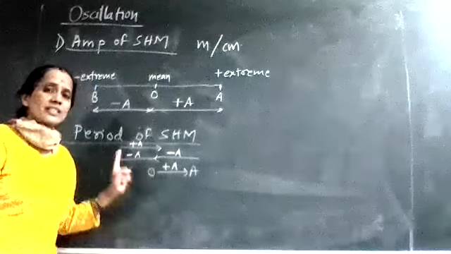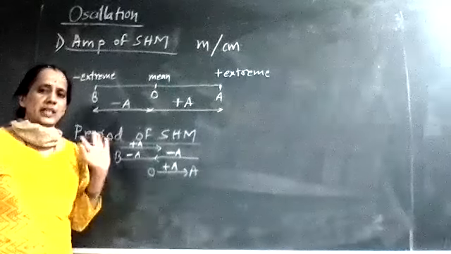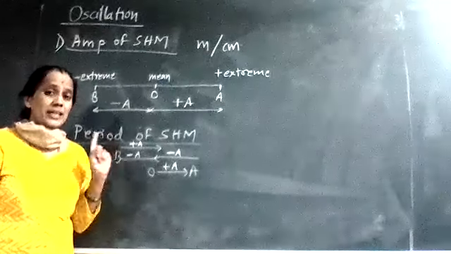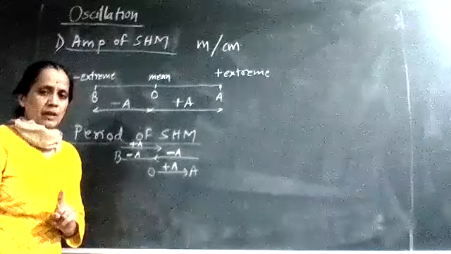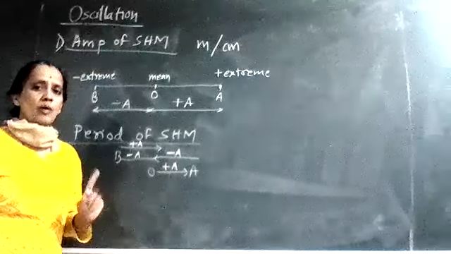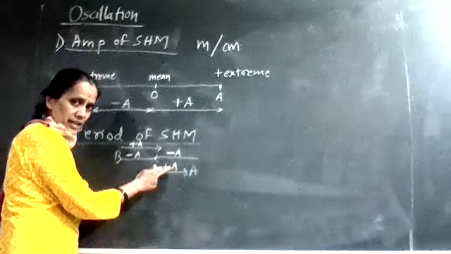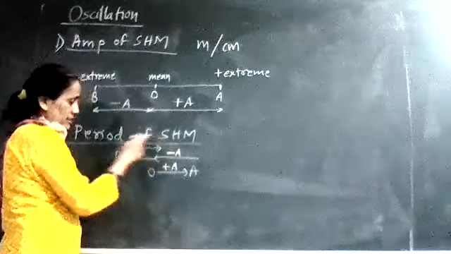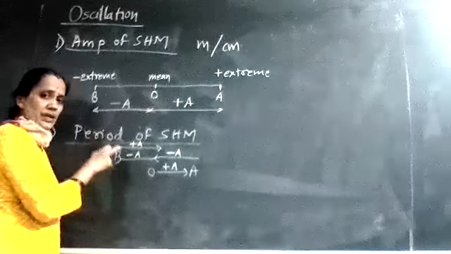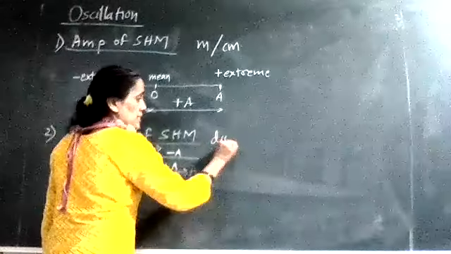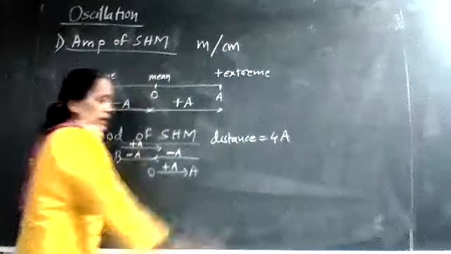How much distance is traveled by the particle when it is completing one oscillation? During one oscillation, here distance is A, here A, this is also A and this is also A. So the distance traveled by the particle is equal to 4A.